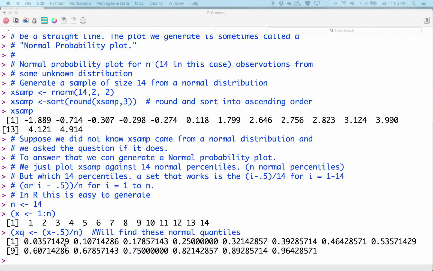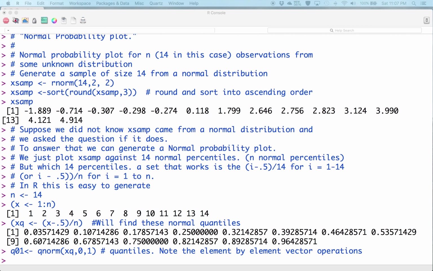So these are the actual percentiles I'm going to try to find. And then I'm going to use the qnorm function to find the actual quantiles for the standard normal. I'm going to round them and just display them.